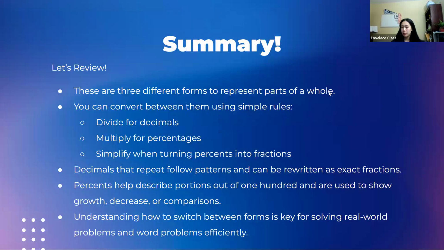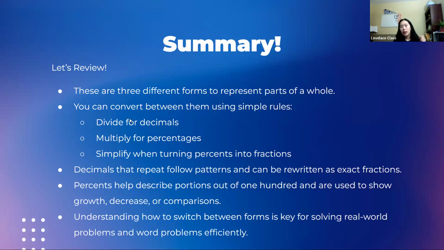We're just going to skip through the practice because the code took a long time. And these are things that I hope we can understand after this. So, fractions, decimals, and percents are 3 different forms for representing a whole. And you can convert between them using simple rules, right?